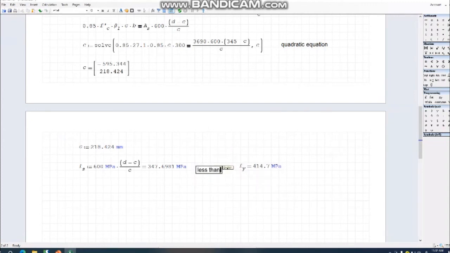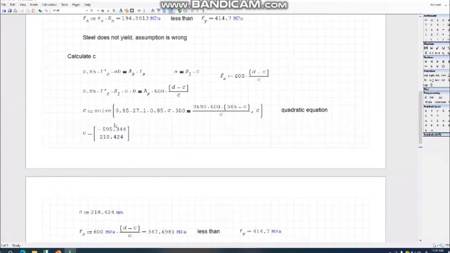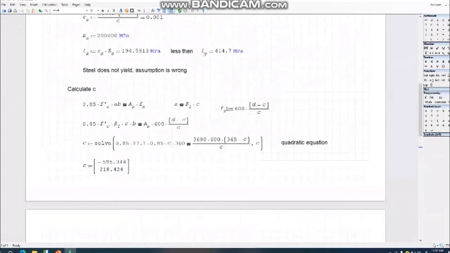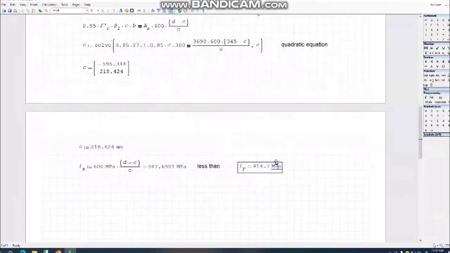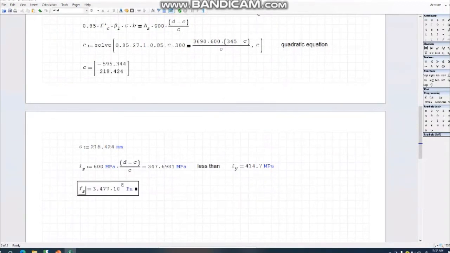This time, in our second solution, we assume that our Fs is less than Fy. Since we did not solve for A, we used C instead, using this formula, to get the actual value. So, it is acceptable, and therefore we can accept that our Fs is equivalent to this.